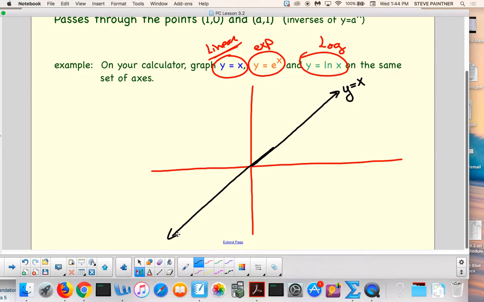Kind of cheated. I just put it up there really quick. Everybody agree that's y equals x? Cross is at 0, that's the y-intercept. Slope of up 1 over 1, right?